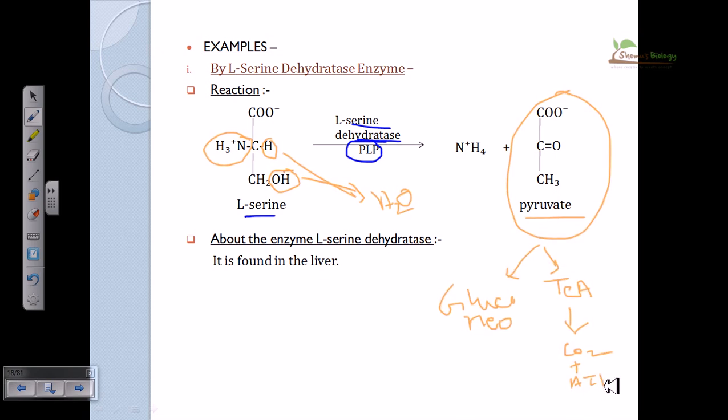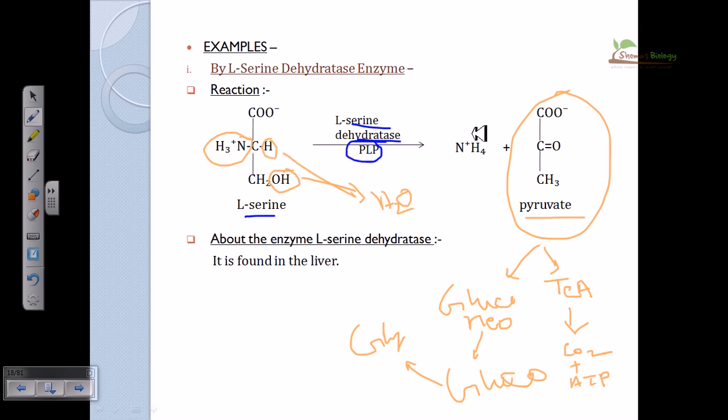So this is a very important point of the catabolic step. This is also an anabolic step through which we can produce glucose, and we can store this glucose as glycogen. So you can see how important pyruvate really is. So the generation of this pyruvate is very important.